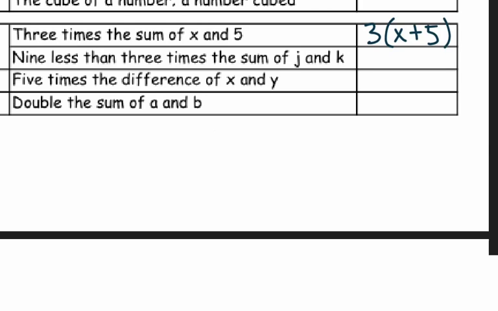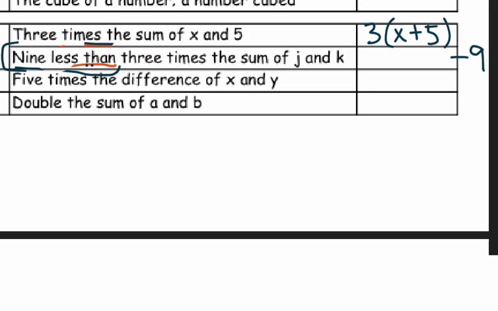The next one says 9 less than, so we have to be careful, less than, so we're going to be flipping these. 9 less than 3 times the sum of j and k. Alright, so at the very end, we're going to say minus 9, because we have to write this at the end, 9 less than, because we have to flip them around.